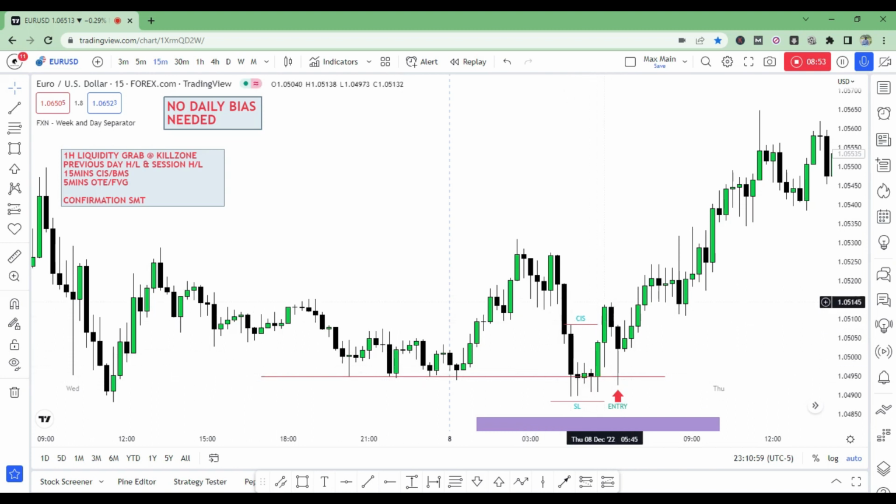But once we confirm that high, I've just seen an imbalance down here on the 15 minutes that was used to rebalance the market, and then it drove higher. So that is essentially it. Once you see that the change in state of delivery has occurred and you are looking at the 15 minutes and the 1 hour, the grabbed liquidity, this market is not coming back down here.